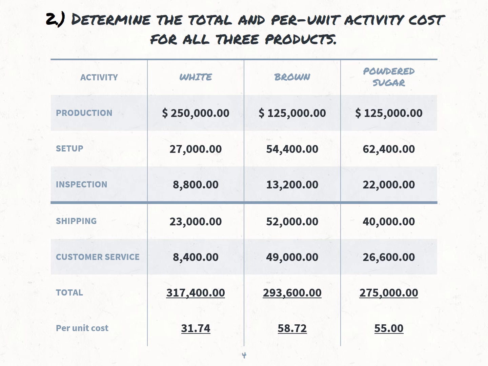So for white sugar, we have 317,400 divided by 10,000, so we have $31.75 per unit cost. And then for brown sugar, 293,600 divided by 5,000 units, we have $58.72 per unit cost. And then for powdered sugar, 275,000 divided by 5,000 units, we have $55 per unit cost.